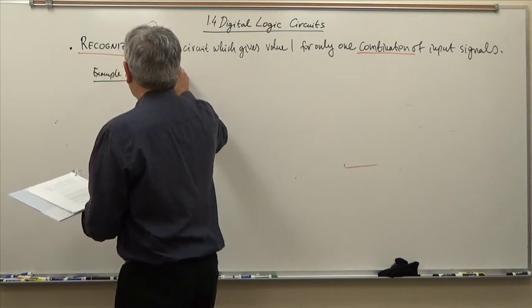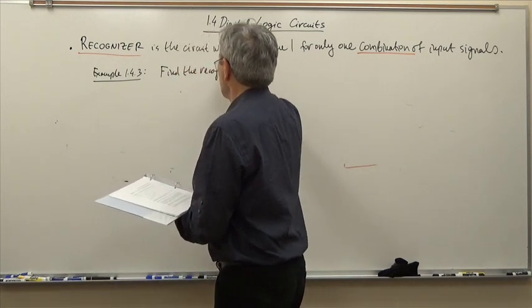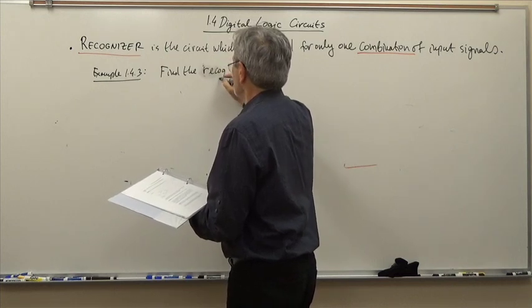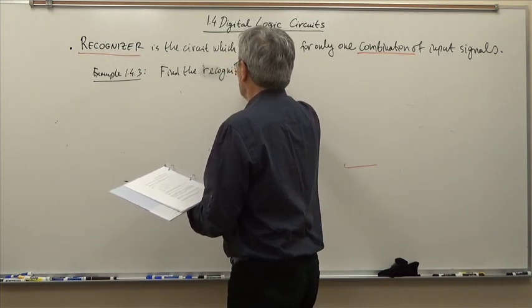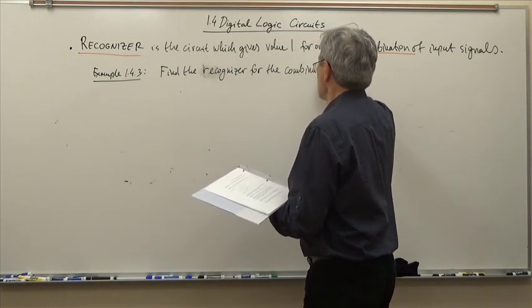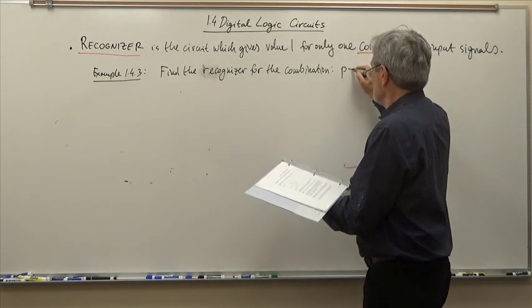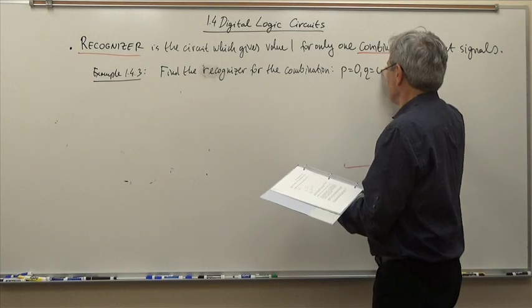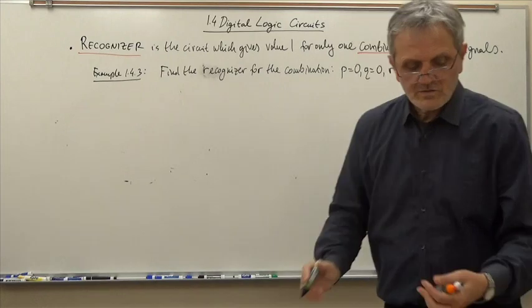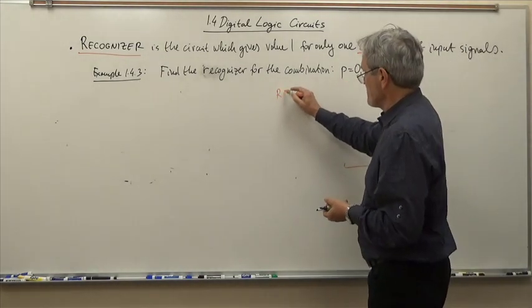Find the recognizer for the combination on inputs P equals 0, Q equals 0, and R equals 1. So basically the strategy is very simple. Here's the recognizer.